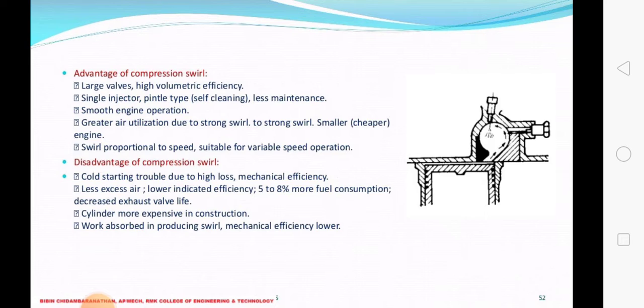Smooth engine operation, greater air utilization due to strong swirl. And what are the disadvantages? Cold starting trouble due to high loss, low mechanical efficiency, less excess air, low indicated efficiency, 5 to 8% more fuel consumption, decreased exhaust valve life, and the cylinder is more expensive in construction.